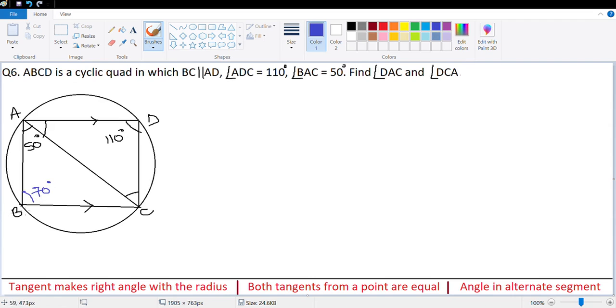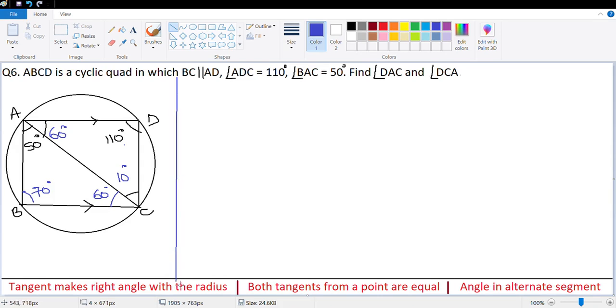Why? Because opposite angles of a cyclic quadrilateral sum up to 180 degree. So if this is 70 degree, this is 50 degree, then this is obviously 60 degree in this triangle ABC. And since these two lines are parallel, this angle is 60 degree, alternate angles, 110, 60, 170, which means this is 10 degree. Let's just write this down.